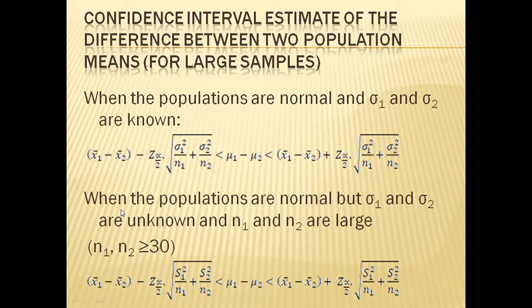If the situation is slightly changed, that is when the populations are normal but sigma 1 and sigma 2 are unknown, and n1 and n2 are large, greater than or equal to 30, then we use the second formula, in which we replace sigma square by capital S square, which is the sample variance.